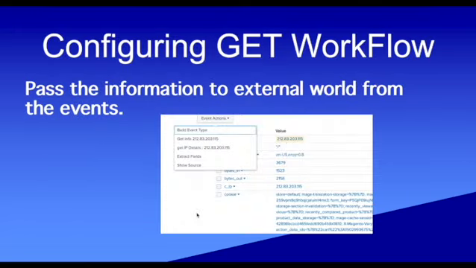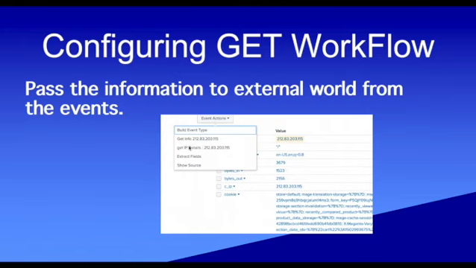While configuring it, we need to pass the information from the event to the external world. This specific source IP, we have passed it and we have used it, and in the event action it will look like get info and whatever.